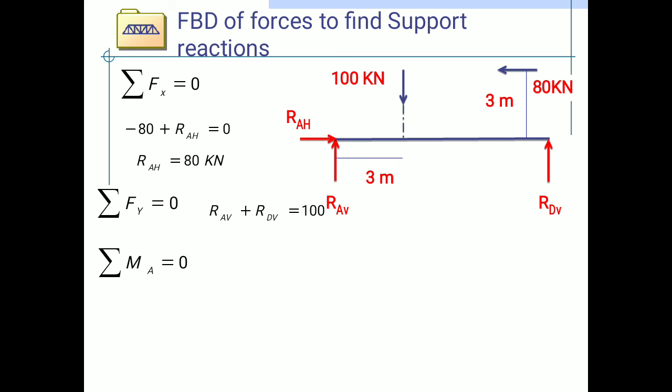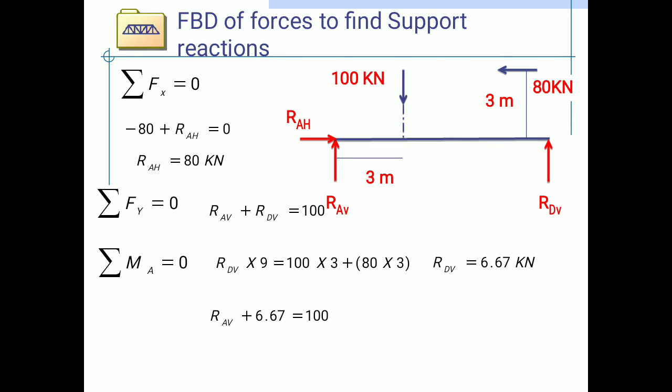Now applying the moment condition, summation of MA is equal to 0, by taking moment about A of the 100 kilonewton force, the 80 kilonewton force and RDV. The equation is 9 RDV is equal to 100 into 3 plus 80 into 3. By solving this equation, we get the value of RDV, which is 6.67 kilonewton.